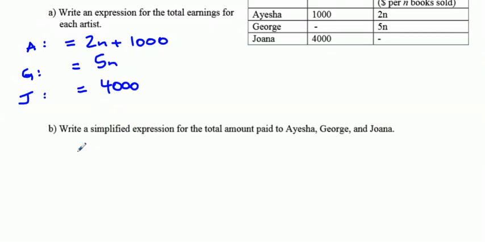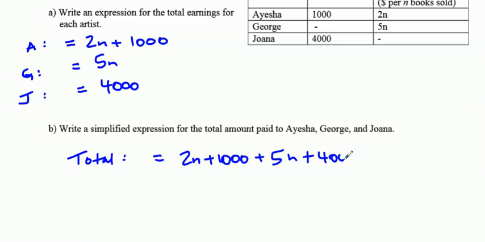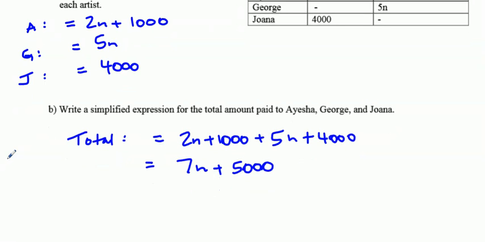So the total, I'll just write total. That's going to equal the sum of these 3 expressions. So 2n plus 5n is 7n, and 1,000 plus 4,000 is 5,000. So that's the simplified expression for the total amount paid to all 3 of them.